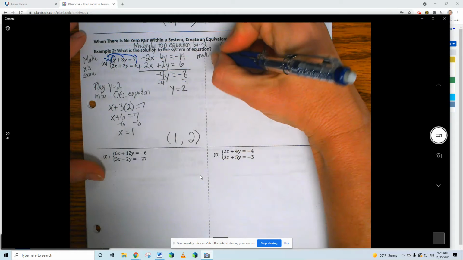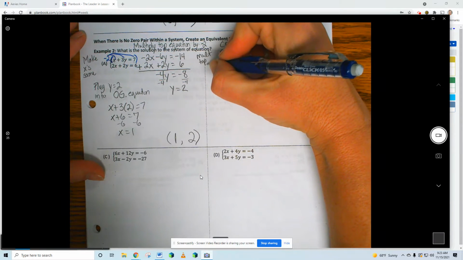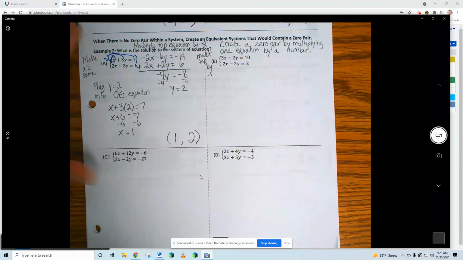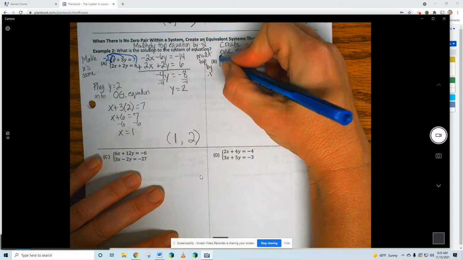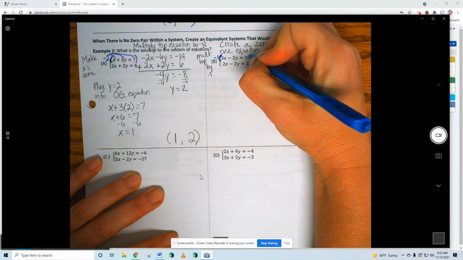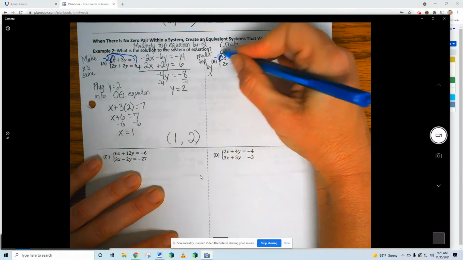Multiply the top by negative 1. If I multiply by negative 1, the whole equation gets multiplied.